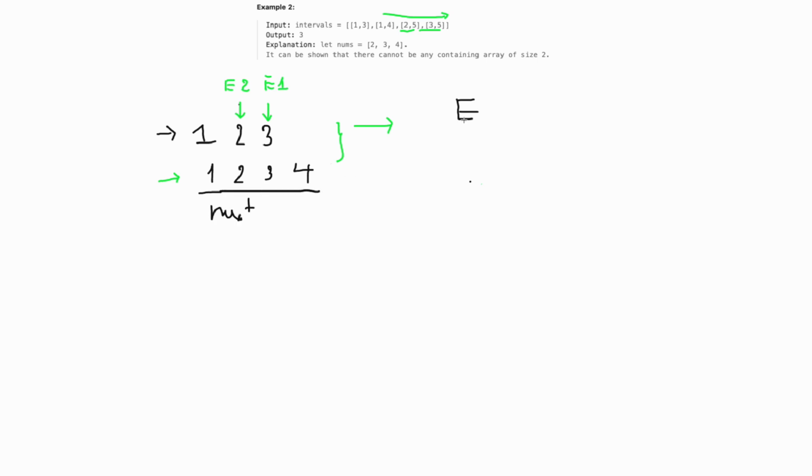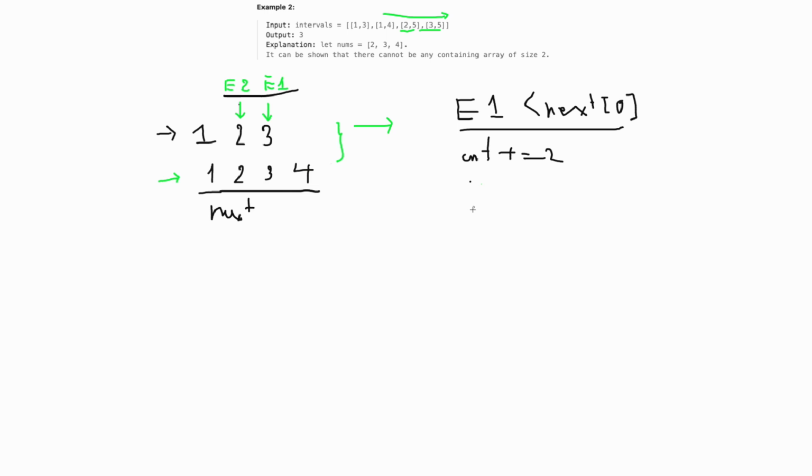And if the e2 is smaller than the next 0, right? It means that there is no intersection. So we need to increment our count by 2. It means that we will add these two numbers into the count, right?